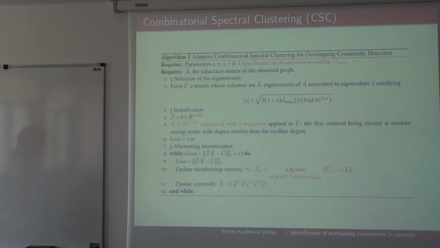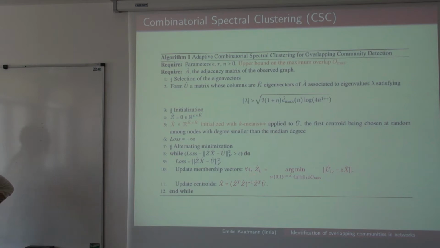And then the optimization in X also has a closed form, which can be shown to be the following. And in case the matrix Z hat obtained at the previous step is not invertible, we just reinitialize the algorithm, because we want this matrix to be invertible.